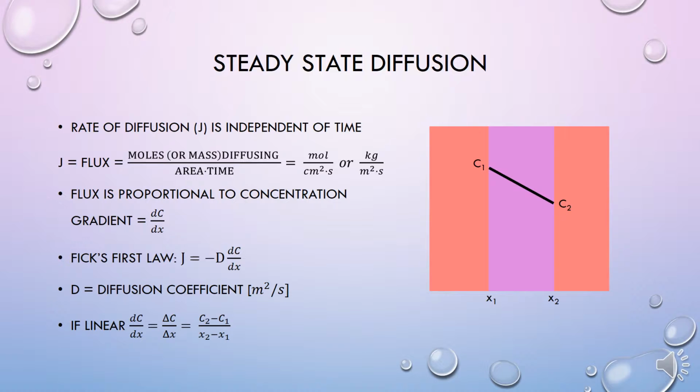This can be shown in Fick's first law, in which flux equals the negative diffusion coefficient times the concentration gradient. If diffusion is linear, the concentration gradient can be reduced to the concentration at location 2 minus the concentration at location 1 over the distance between those locations.